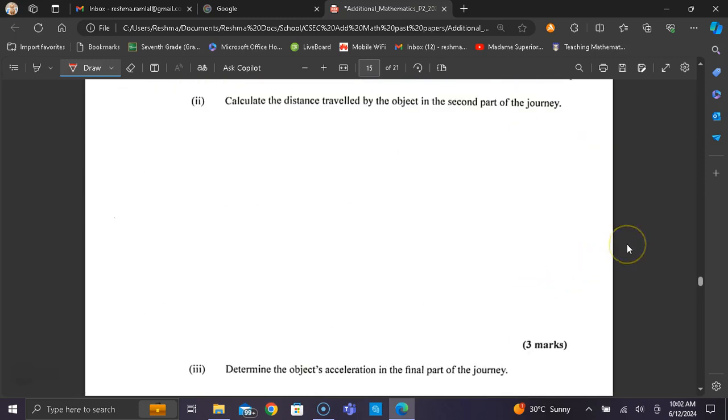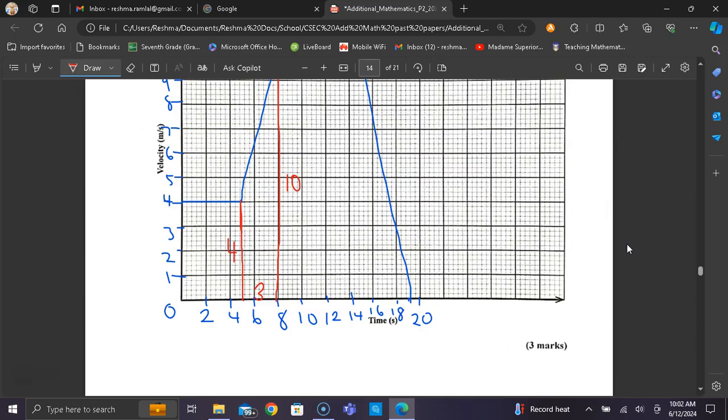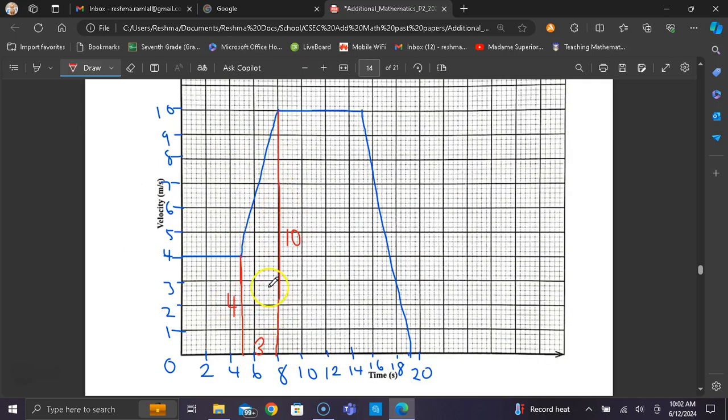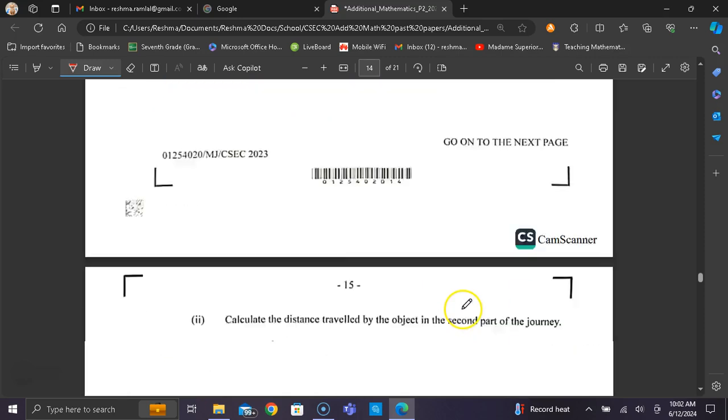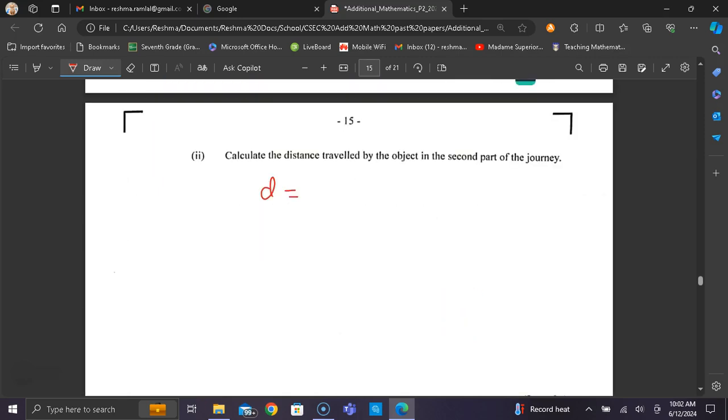So the distance traveled by an object on a velocity-time graph is the area under the curve for that particular part of the journey. So we're looking at the area of this trapezium, which will be half the sum of the parallel sides times the height, or the width in this case. So it's a half of A plus B times the height, where A and B are 4 and 10.